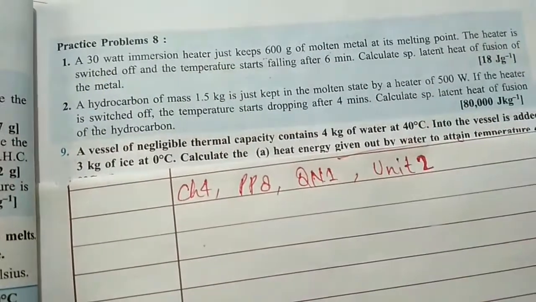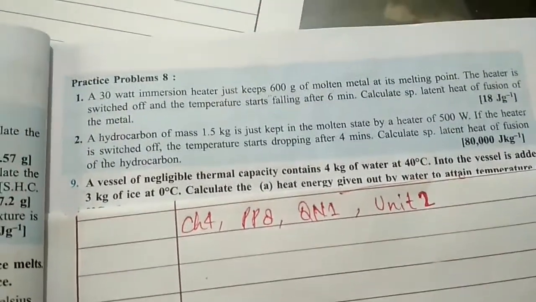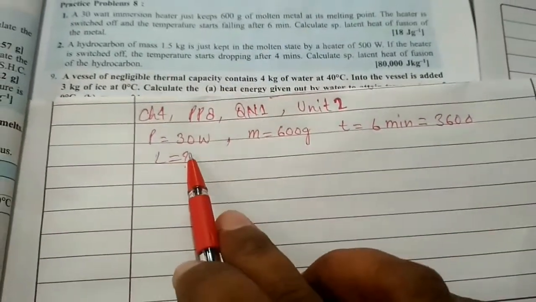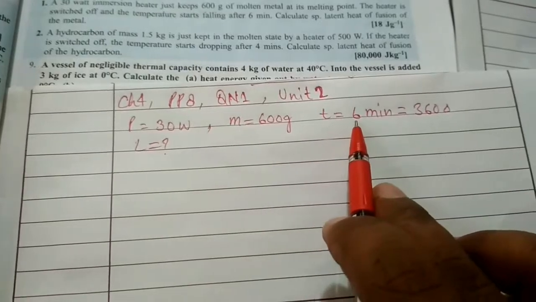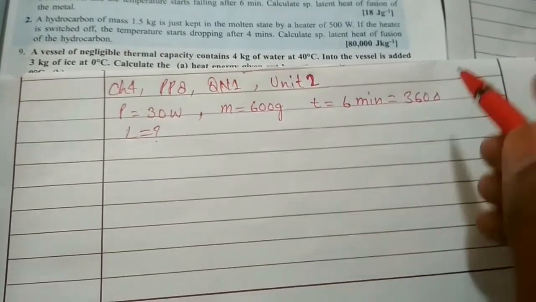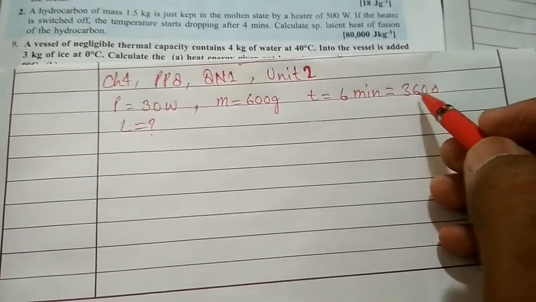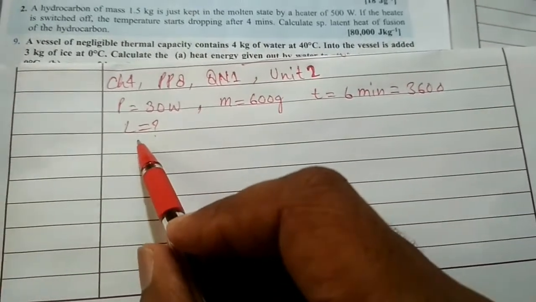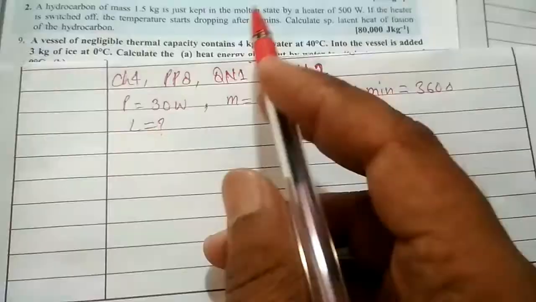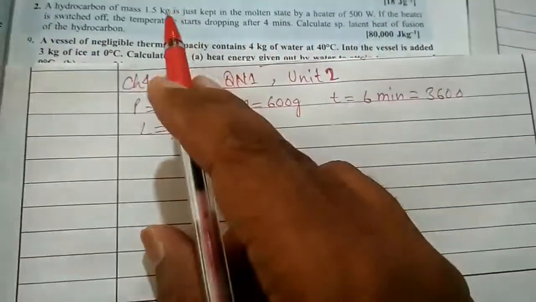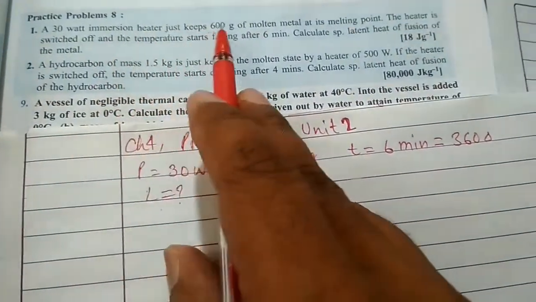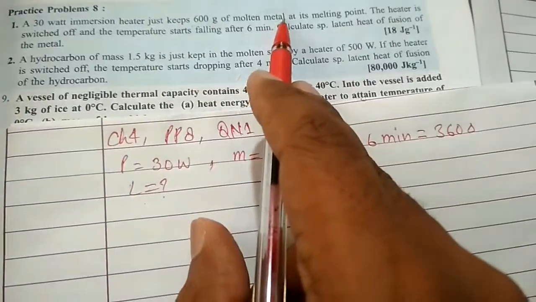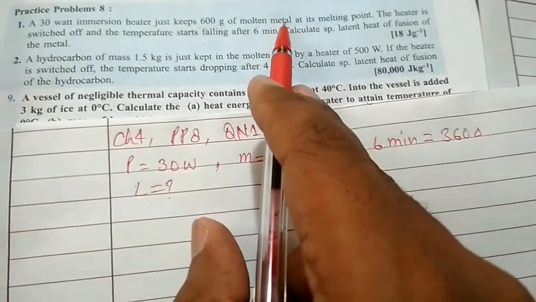So I am first writing the given values. From the question, power of the heater 30 watt, mass 600 gram in molten state, time 6 minutes means 360 seconds, and we have to calculate the specific latent heat of this metal.